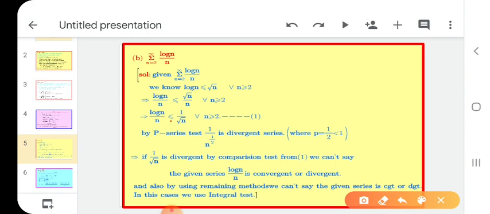If the larger series is convergent, we say the smaller is also convergent. If the smaller series is divergent, we say the larger series is also divergent.